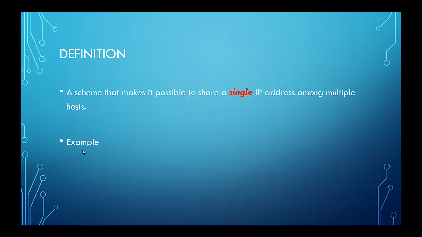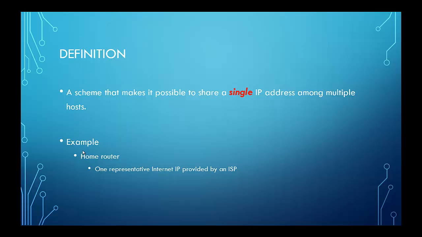So for example, let's say you have a home router, and typically what happens is you are given an internet IP address by an internet service provider, but that is only a single IP, but you have so many devices or hosts in your home network.